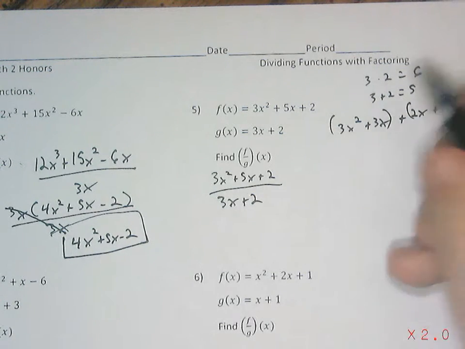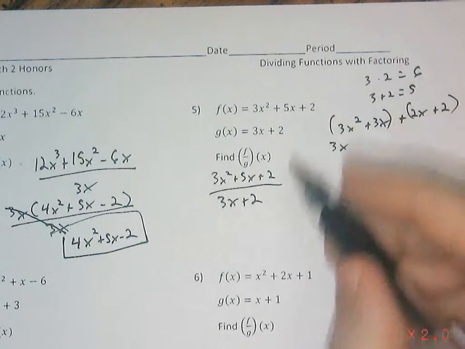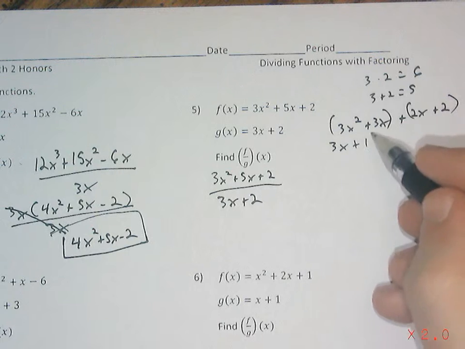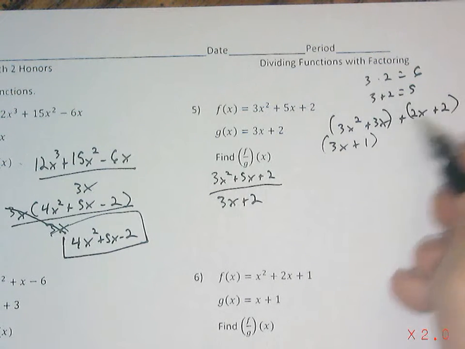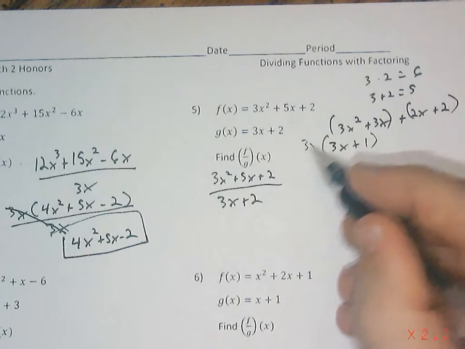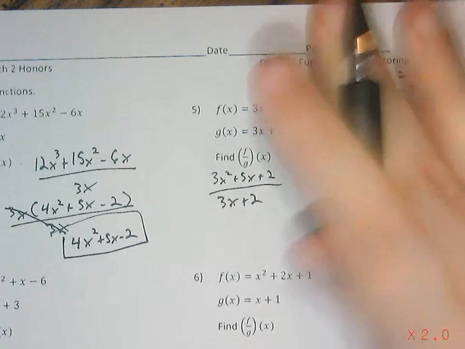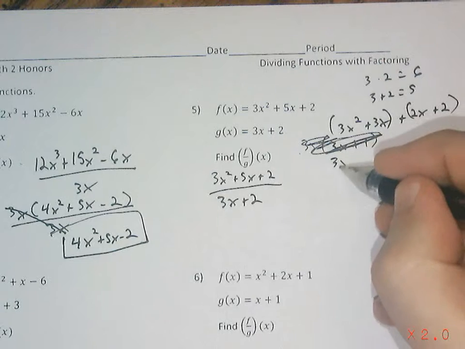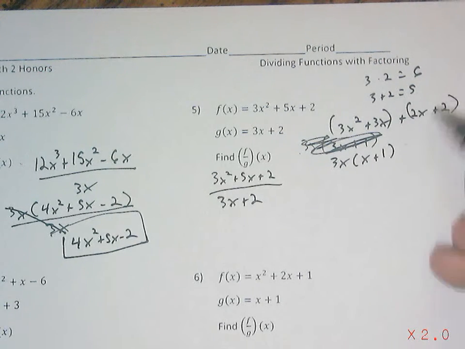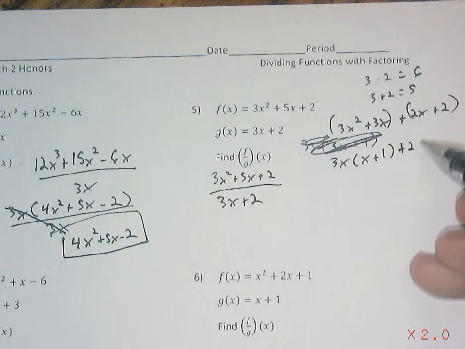I can factor out a 3x, so 3x goes in front, and then it'd be x plus 1 left. Then factor out the 2, and it'd be plus 2 times x plus 1.